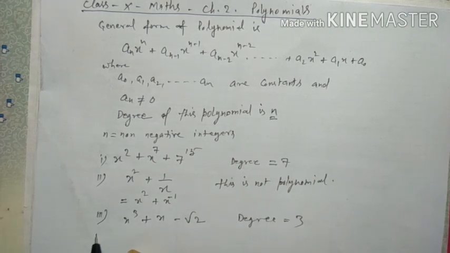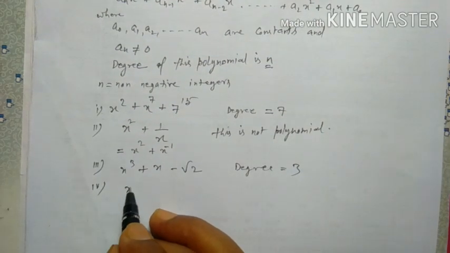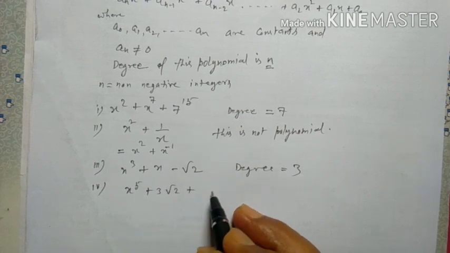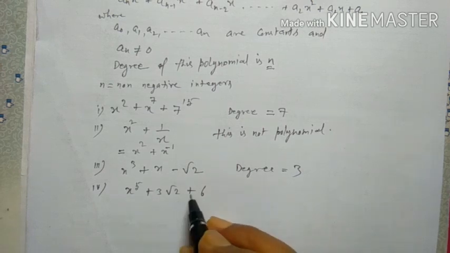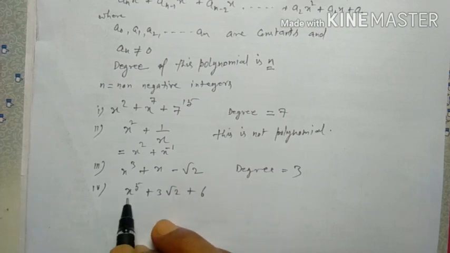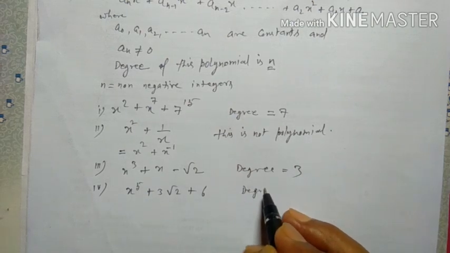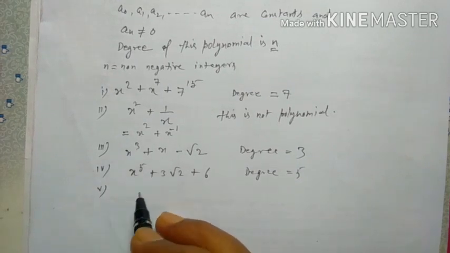Another example, x power 5 plus 3 root 2 plus 6. This is also a polynomial because here x is the variable and the exponent is 5, so its degree is equal to 5.